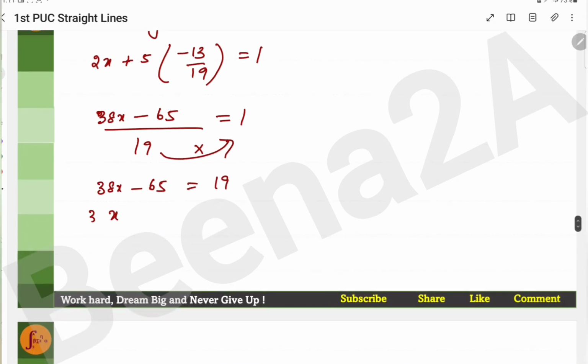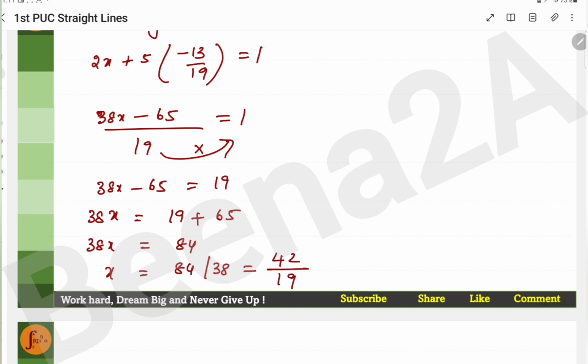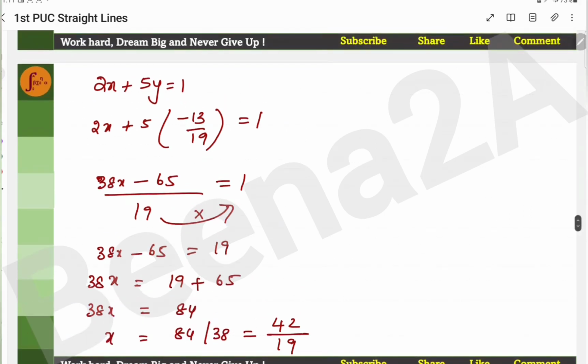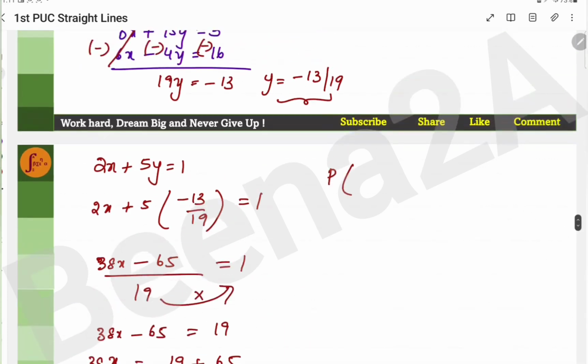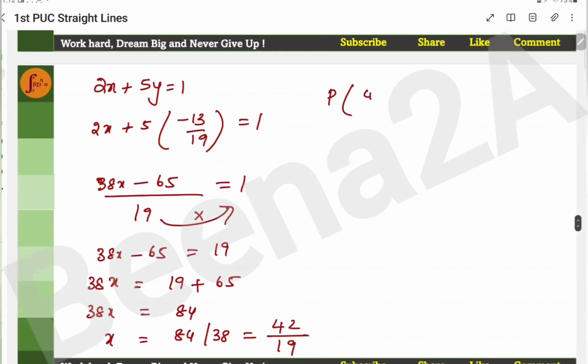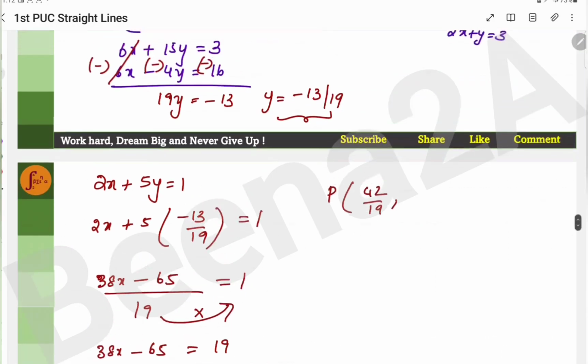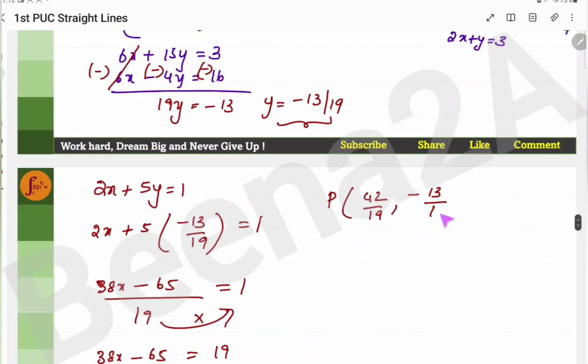So 38x is equal to 19 plus 65, which is 84. So x is equal to 84 by 38, which is 42 by 19. x is 42 by 19. So the point of intersection is 42 by 19 and minus 13 by 19.